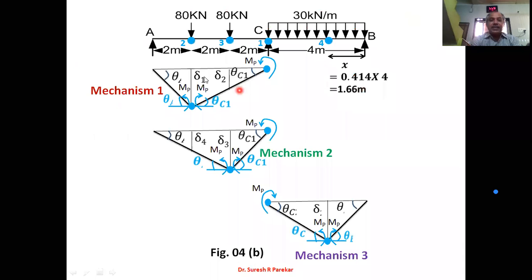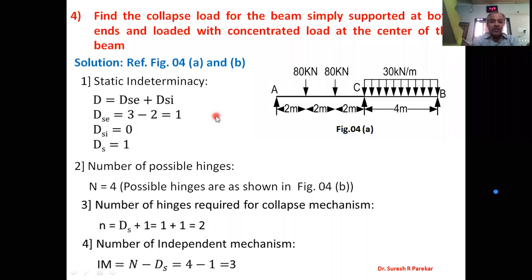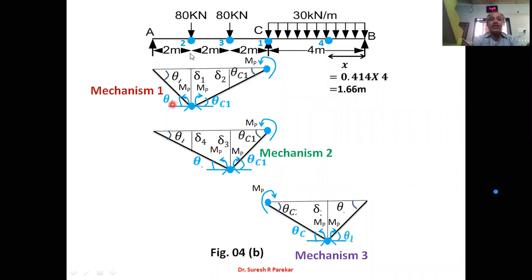Now you can see this. In my mechanisms, number of possible hinges is 4, number of hinges required for collapse is 2, and number of independent mechanisms is 3. For collapse I require 2, though I have loads of 80 kilonewton under 80 and at C, but I have to consider only 2, because my mechanism will not go up to the third hinge.